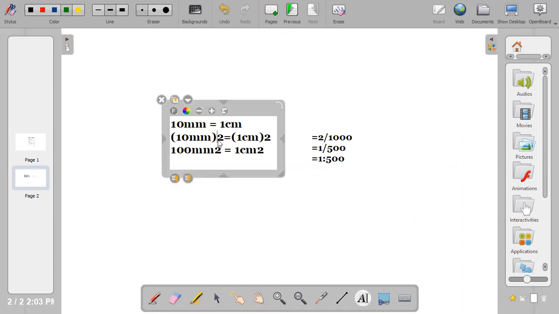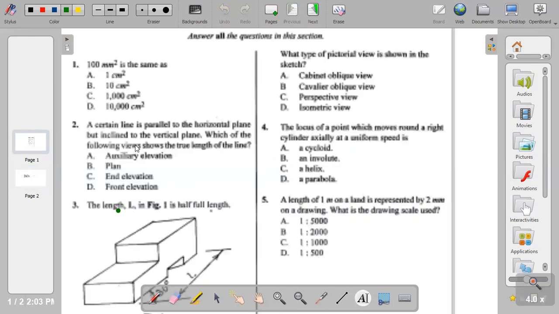If we square both sides, we have 10 millimeter square equals 1 centimeter square. 10 multiplied by 10 gives us 100 millimeter square, which equals 1 centimeter square, because 1 multiplied by 1 gives us 1. So the answer to question 1 is 1 centimeter square.